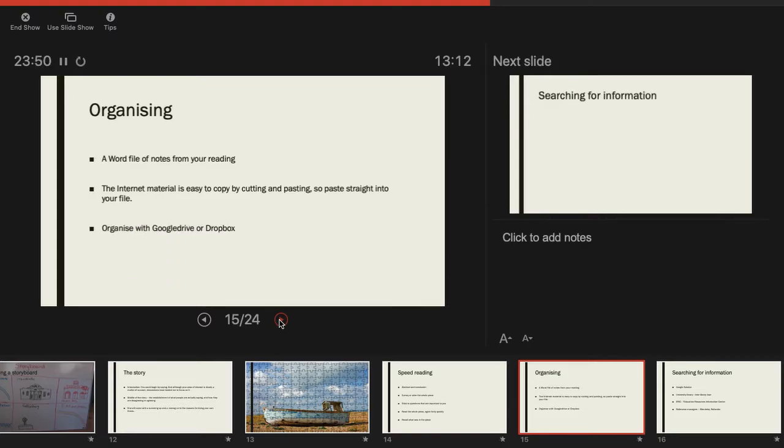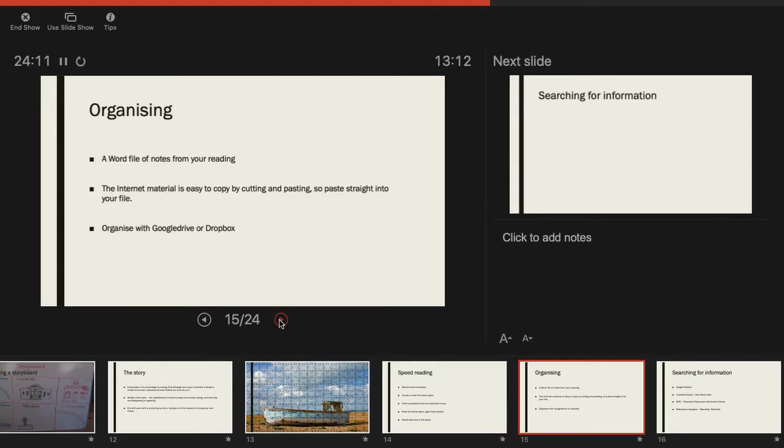Ensure that you have a specific folder. I usually use Google Drive, so I will have a folder for, let's say, an article that I'm writing, or a book chapter, or a book, and my folder will include the article that I'm writing.